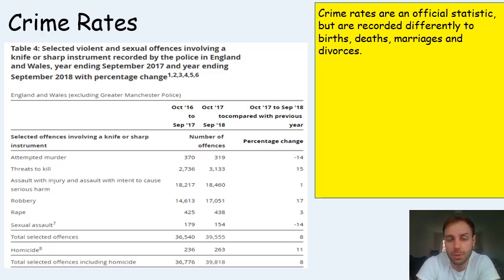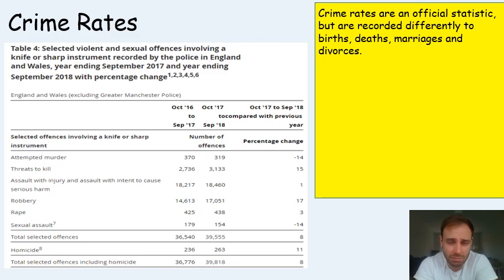If you were to see this table here, what this table suggests is that the rates of crime in England and Wales are changing from October 16 to September 17, to October 17 to September 18. So it's about a year's difference.